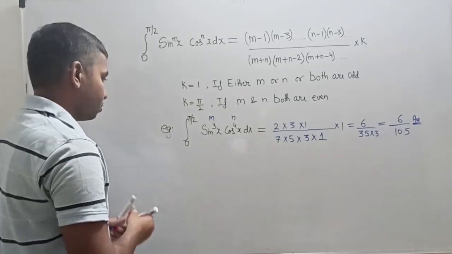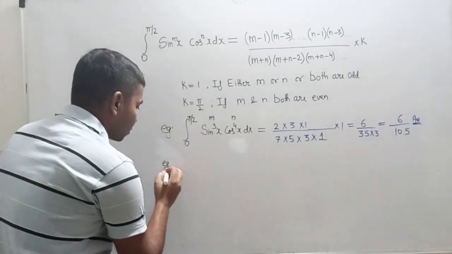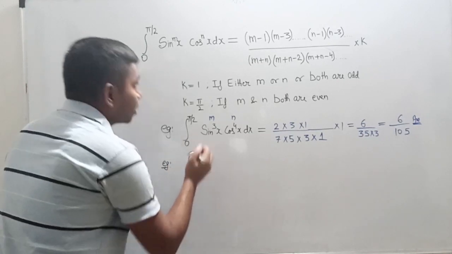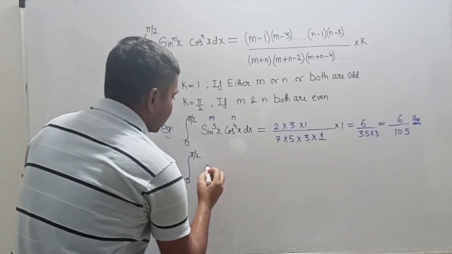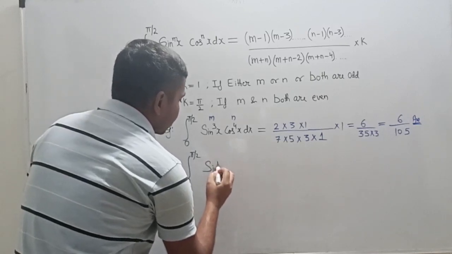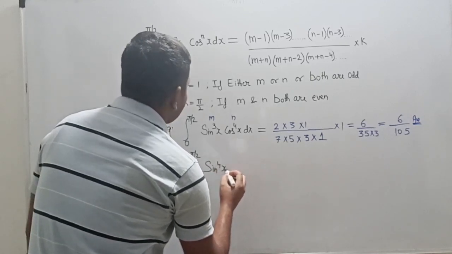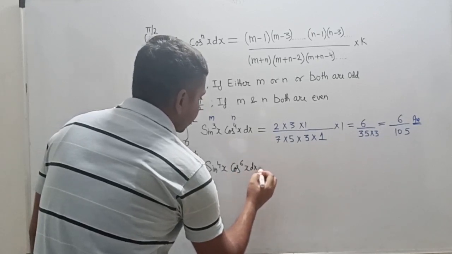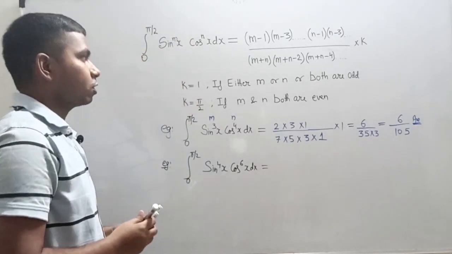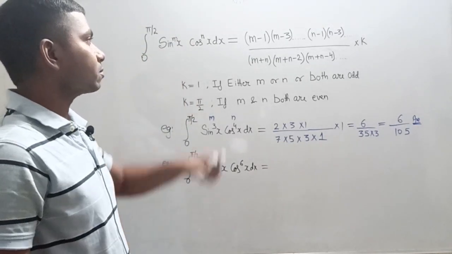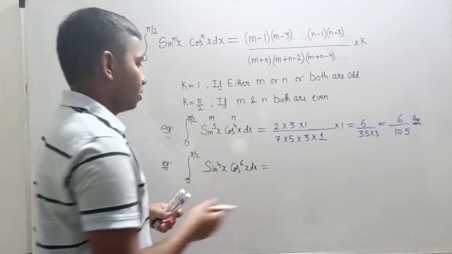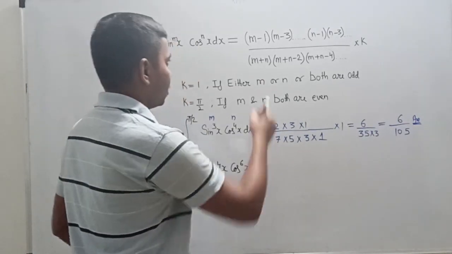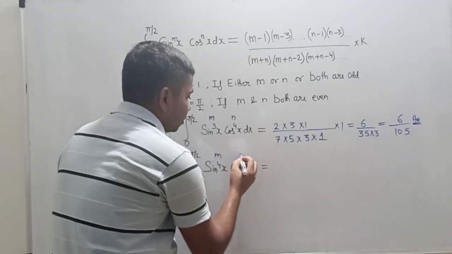So let's see one more example. Let's take any value, in case both are even numbers, so let's take sin 4x and cos 6x dx. In the similar manner we will write the values of m and n in the numerator. This is our m and this is our n.